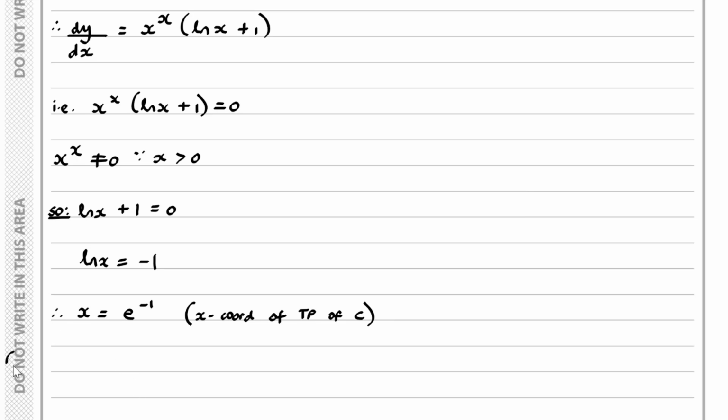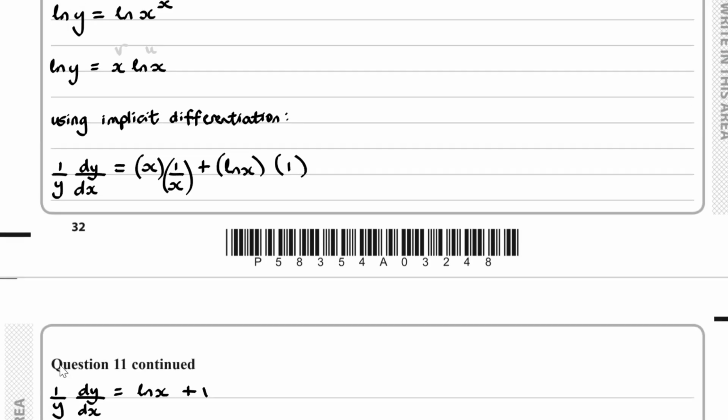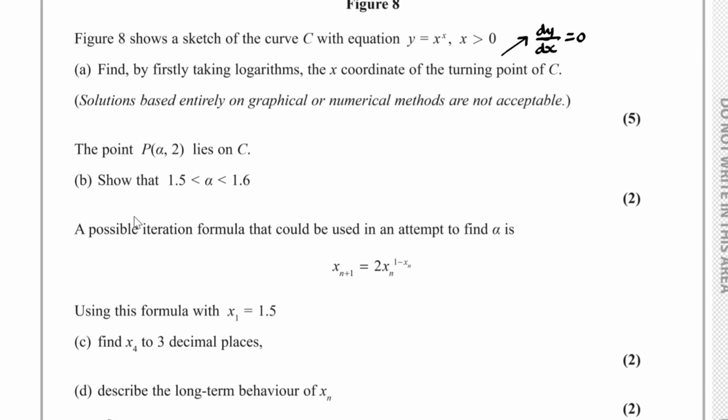Okay, now for part B, the point P with coordinates alpha, 2 lies on C, and we have to show that alpha is in between 1.5 and 1.6.